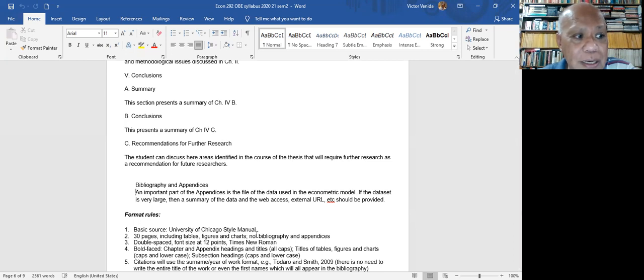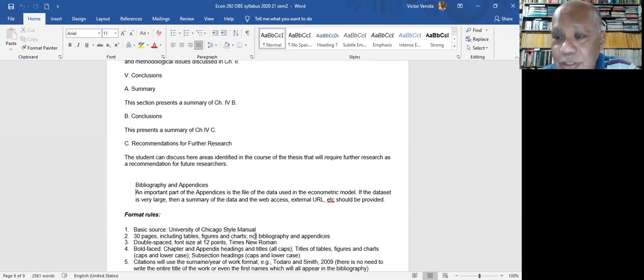Okay. The idea here is that by providing the data or at least the access codes in case you have a huge data set, future researchers can replicate the work that you did. That's always what one does in economic research.